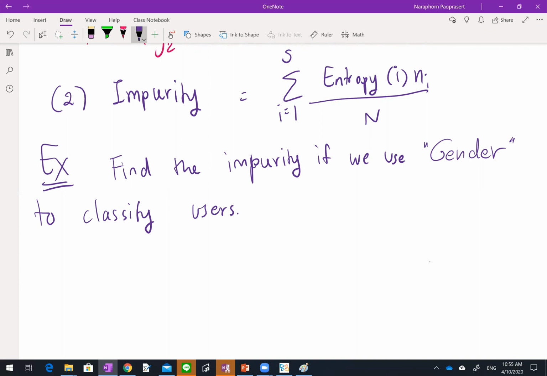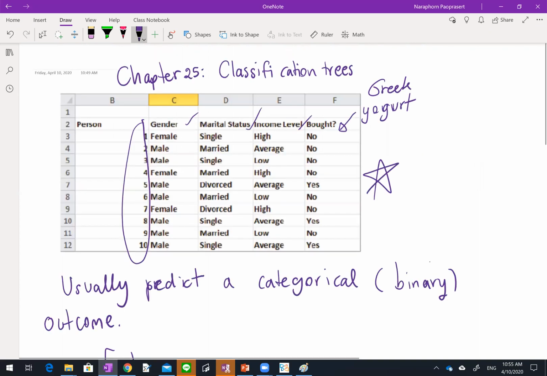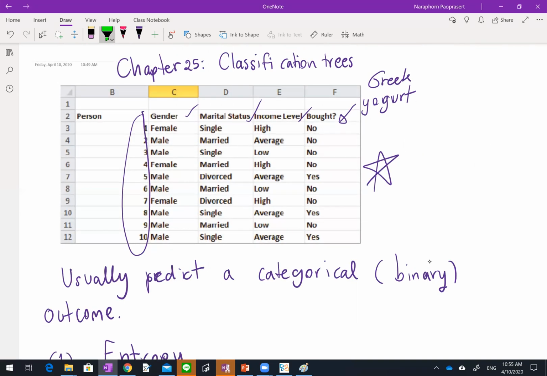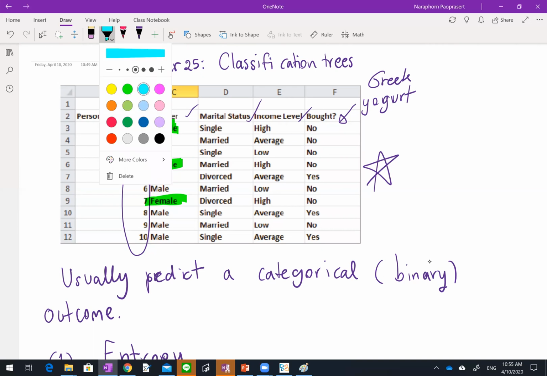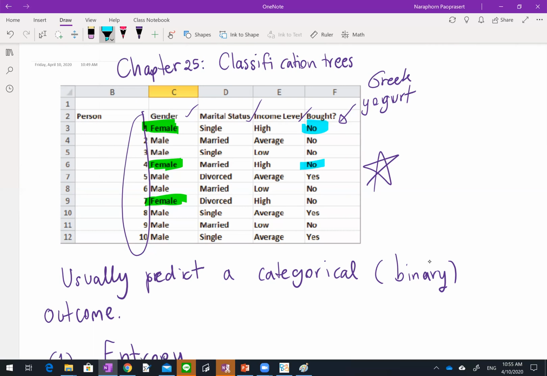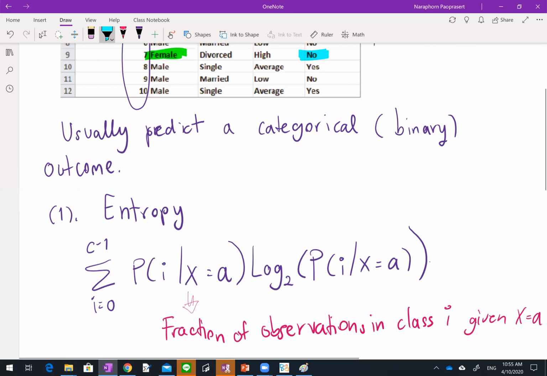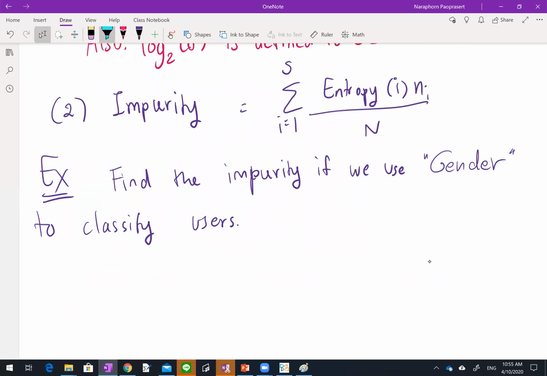Okay, in terms of gender, you have 3 females, and all the females haven't bought yogurt at all.